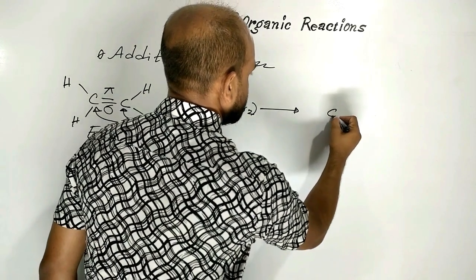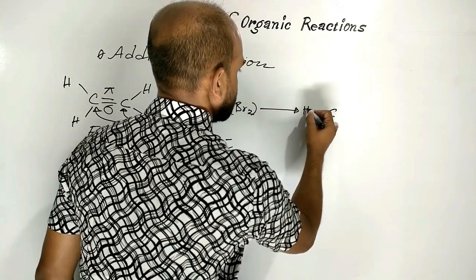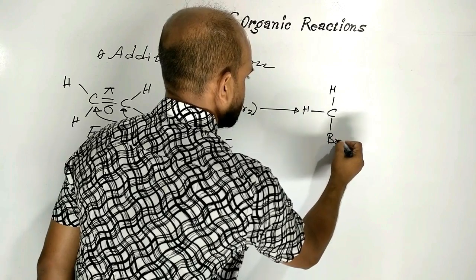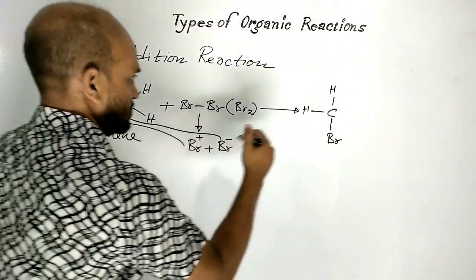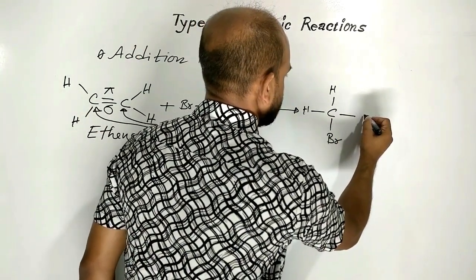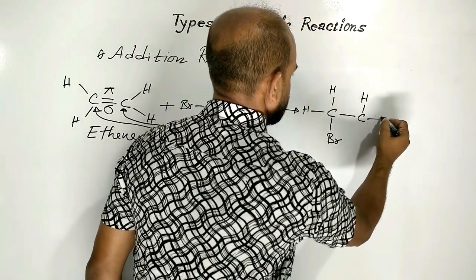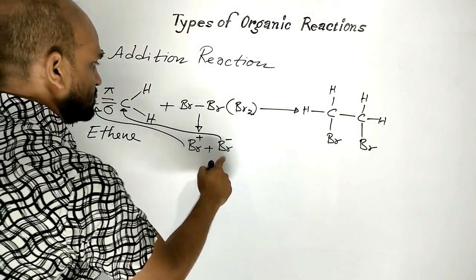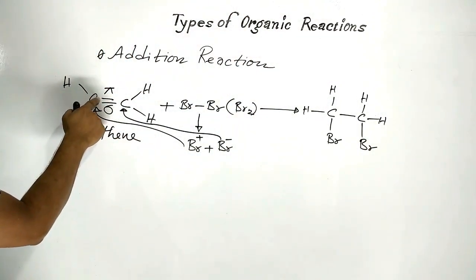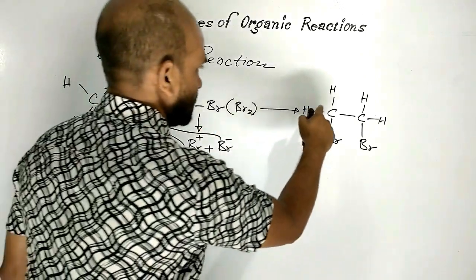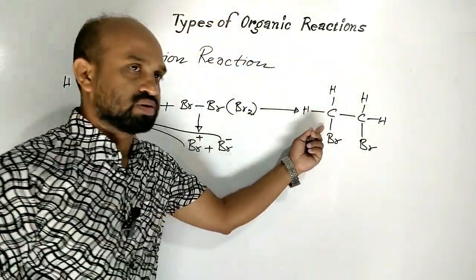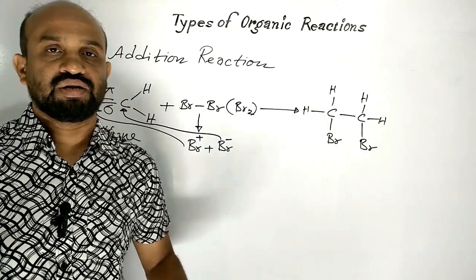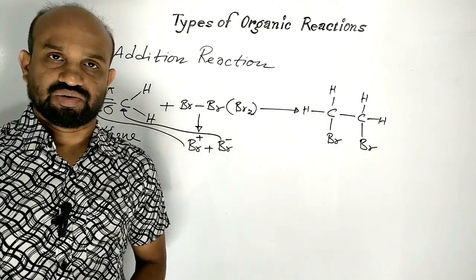Ultimately, this is formed: carbon with bromine cation, here single bond, carbon with bromide ion. In this case, one pi bond disappears and two sigma bonds appear. That is, addition reaction occurs in compounds with pi bond.